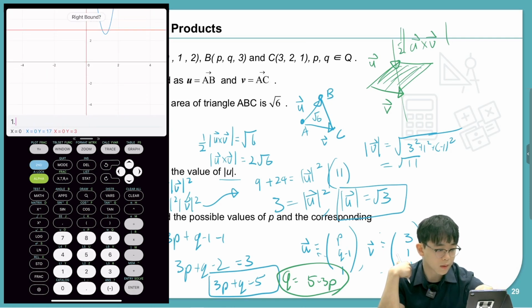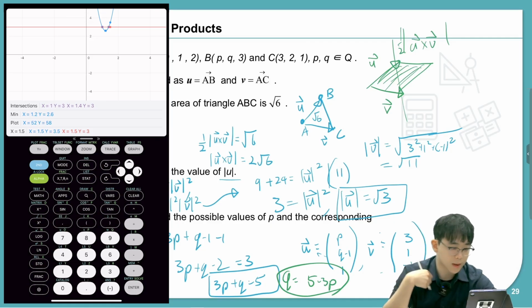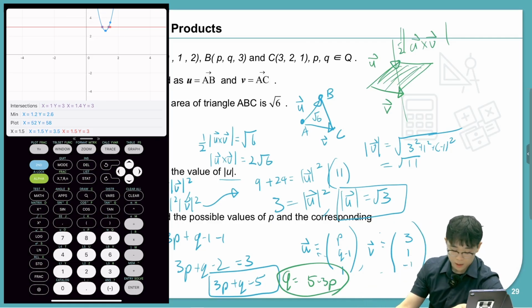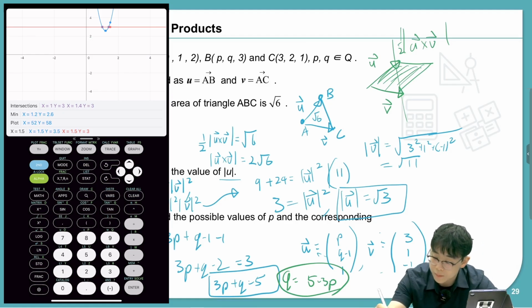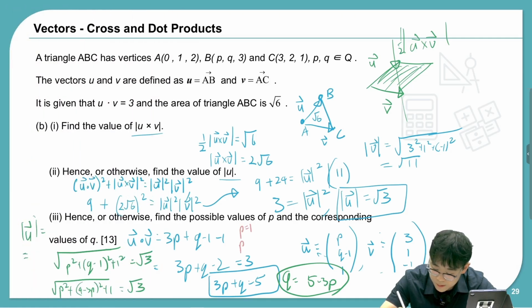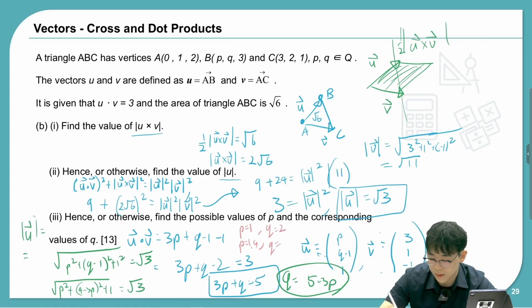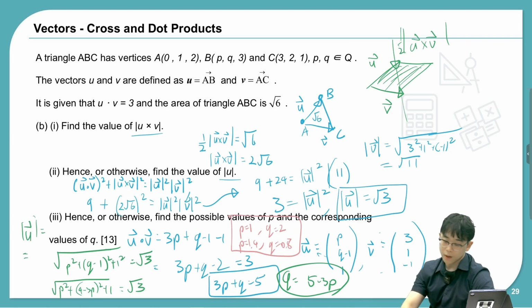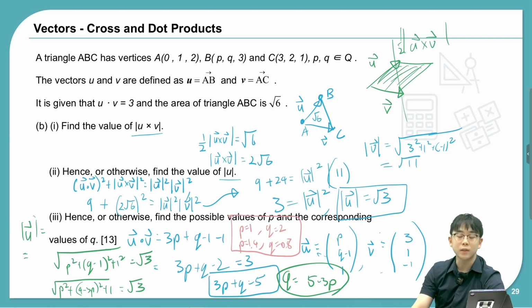And then we get p is 1 and 1.4. So p could be 1 or it could be 1.4. Okay, so there are two values at play. p is 1 or p is 1.4, in which case q would be 2 or q would be 0.8. So there are two sets of values for p and q: p is 1, q is 2, and p is 1.4, q is 0.8. Okay.